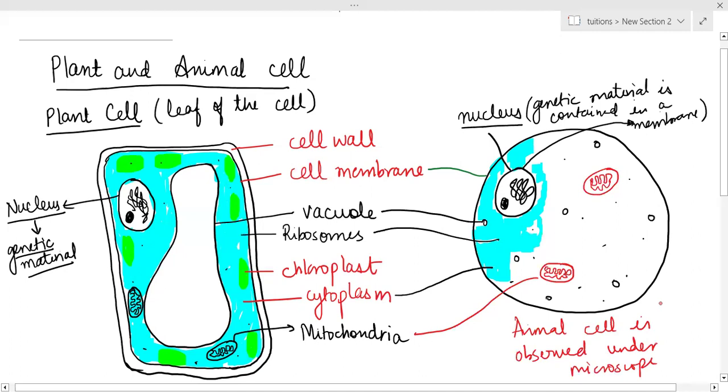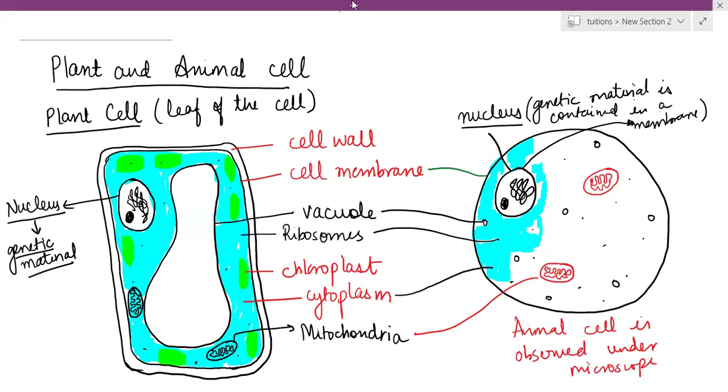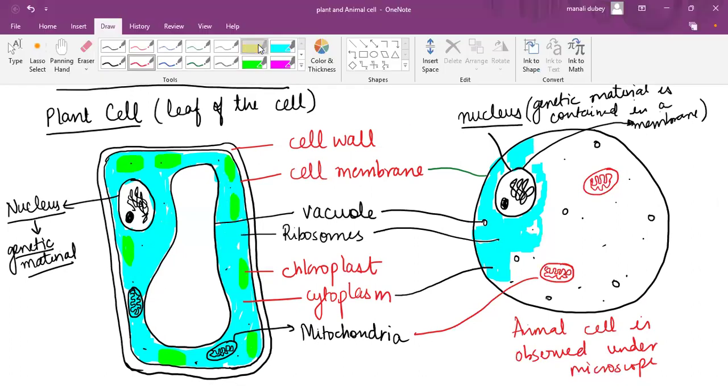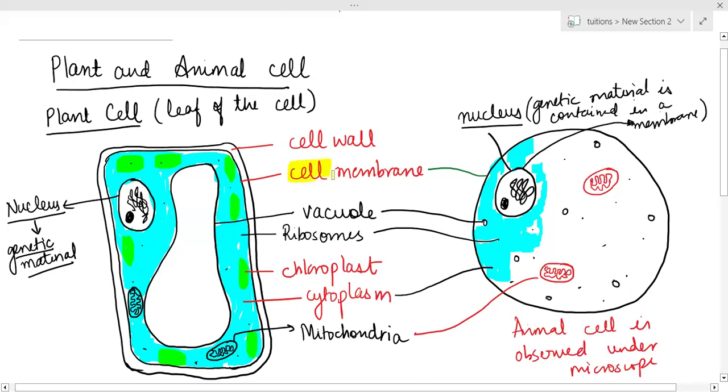So now let's have a look at how many things are actually present. We saw that the cell membrane is present in both of them, plant cell as well as animal cell. We saw vacuole is also present in plant and animal cell. Another one was ribosome.